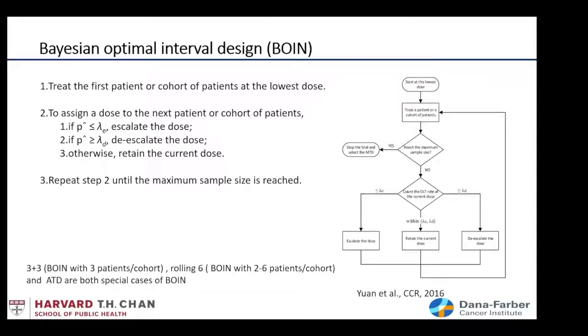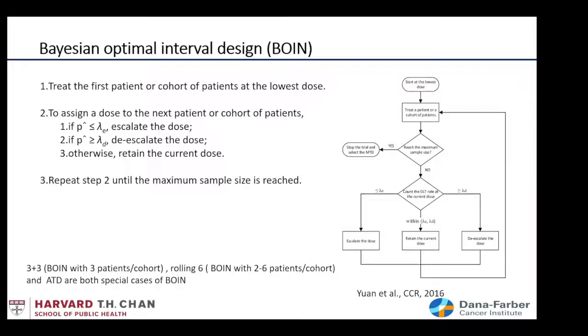Then you calculate the observed DLT probability, and compare it with the pre-specified interval for that dose level. Let's use lambda E and lambda D to specify the interval. Lambda E is the lower bound of the interval, and lambda D is the upper bound.